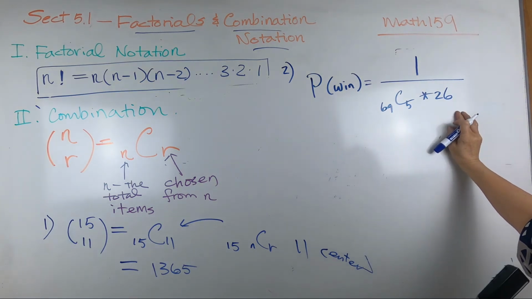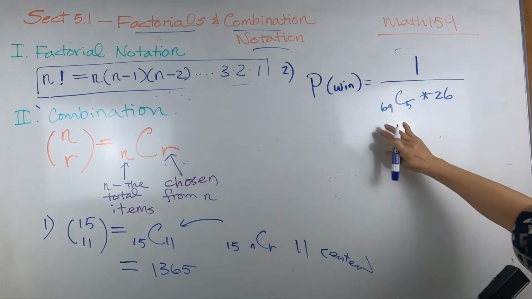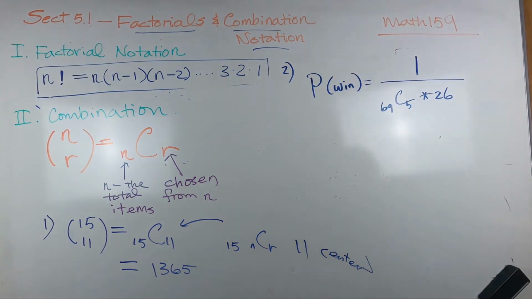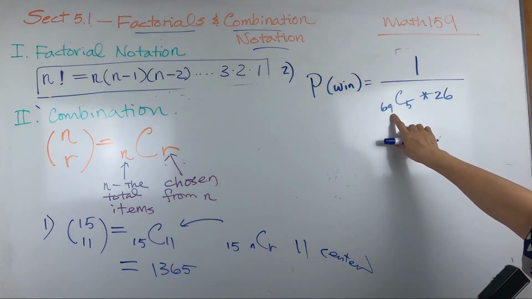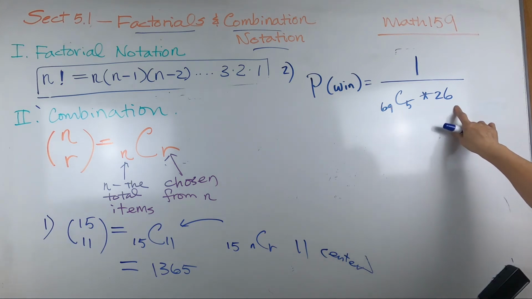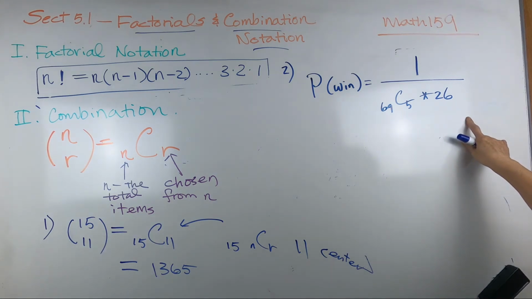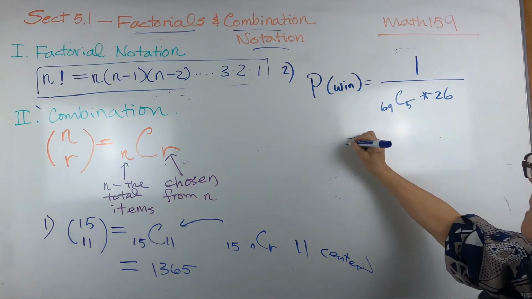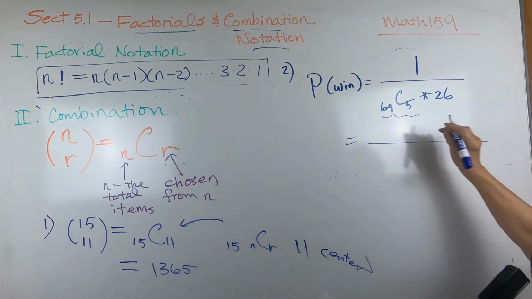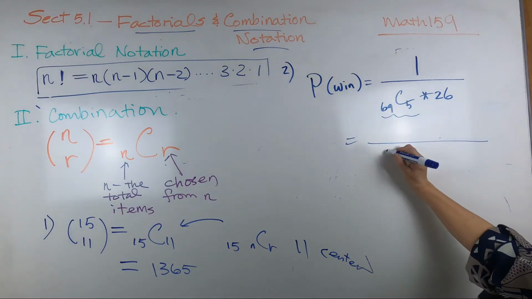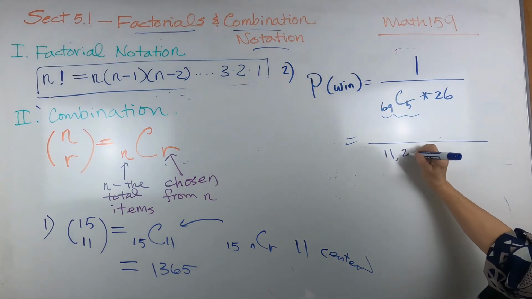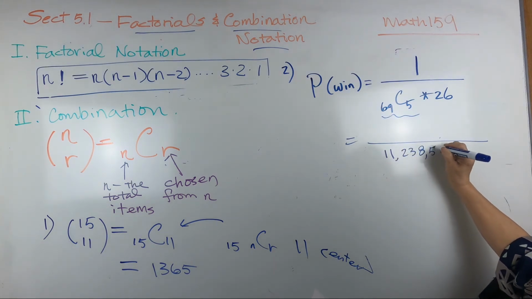But for the stats class, you have to figure out this formula. You choose 5 out of the 69 things, then times 26. Then you use your calculator, and you will find 69C5 is 11,238,513.